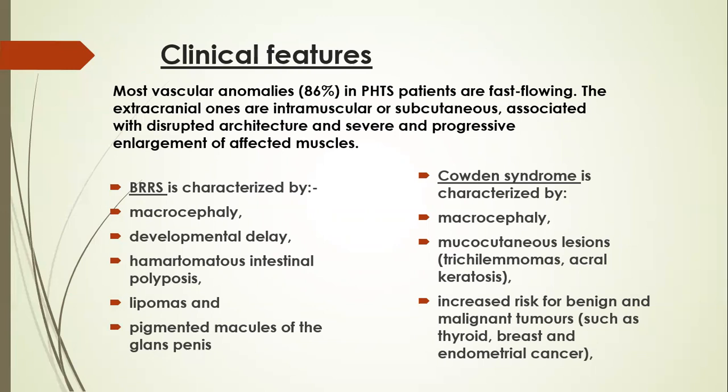The BRRS is characterized by macrocephaly, developmental delay, hamartomatous intestinal polyposis, lipomas, and pigmented macules of the glans penis. Then Cowden syndrome is characterized by macrocephaly, mucocutaneous lesions, which are trichilemmomas and acral keratosis, cobblestone mucosa, and an increased risk of benign and malignant tumors, especially involving thyroid, breast, and endometrium.